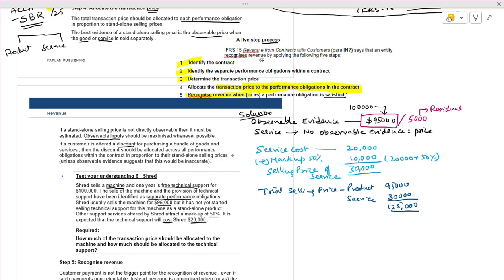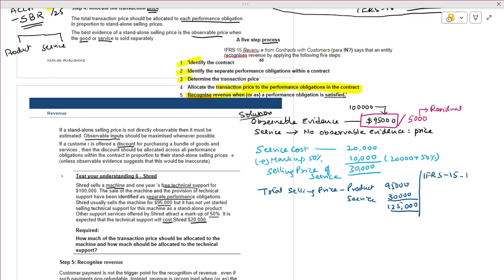Now, what IFRS 15 says, that's very important, okay? What IFRS 15 will say. IFRS 15 says that discounts relate to all performance obligations. See? The discount is not related only to the product. Discount should also relate to the service.